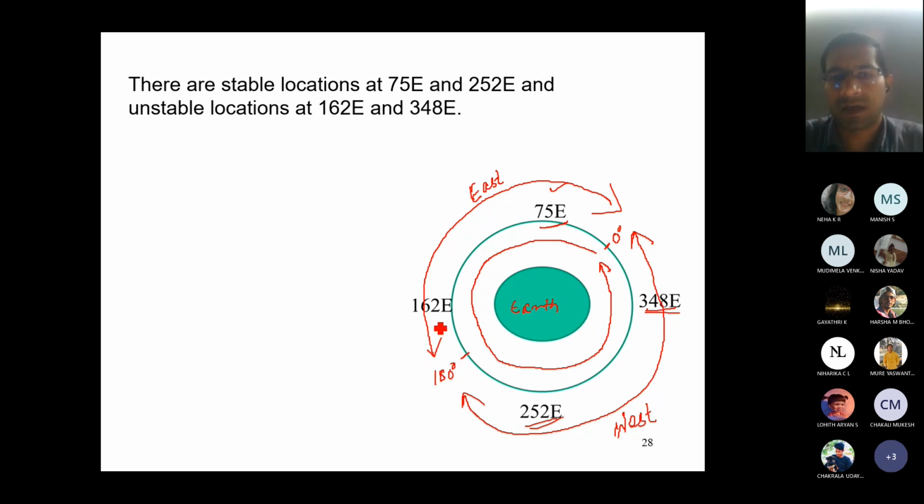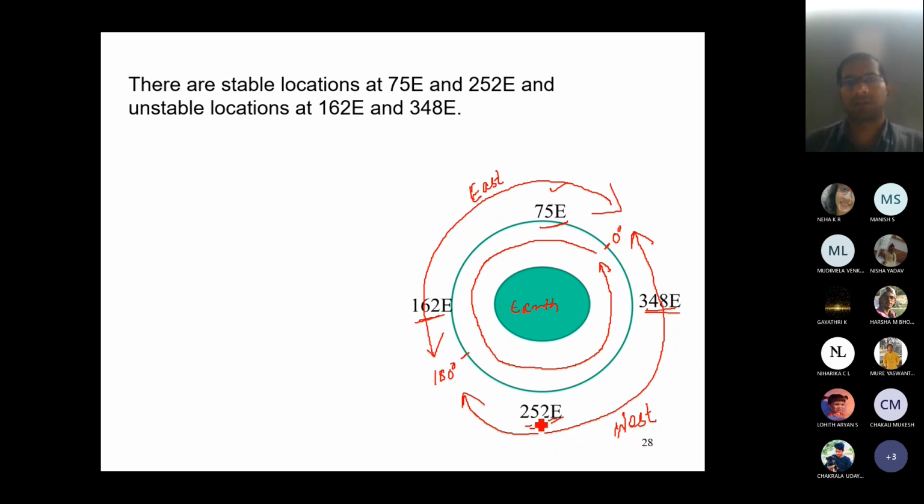If the satellite is at 162° east or 348° east, these are the unstable points. Okay, so due to the gravitational force, those satellites will come back to this position, either 75° east or 252° east.